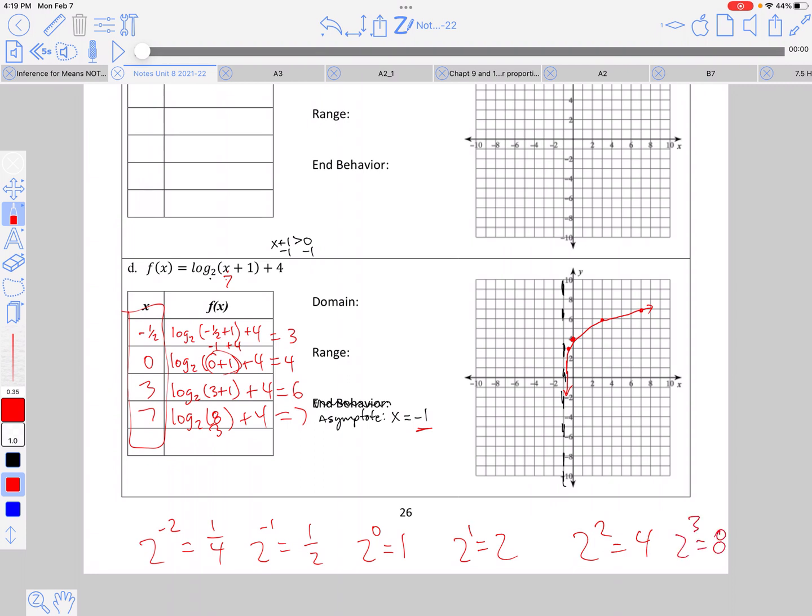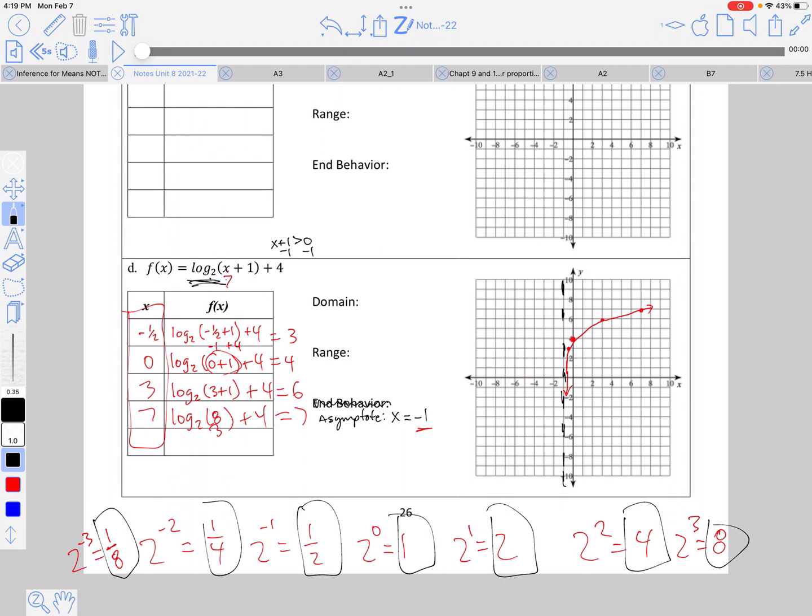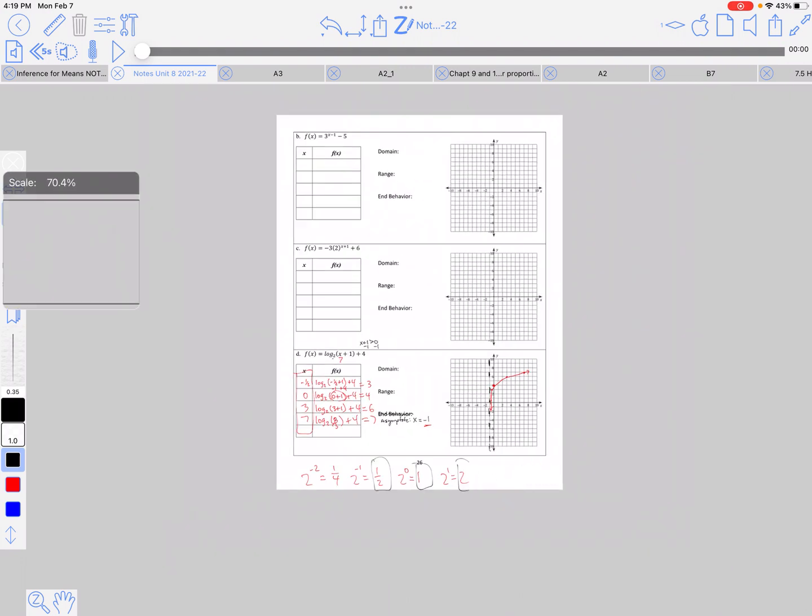Just to give ourselves enough points. 2 to the -3 will be 1/8. So if you just kind of focus on these numbers, remember the x's and the y's switch. In this case, they were the outputs, but then when we do a log, they're going to become the inputs. So that's kind of the goal with the x plus 1, these numbers here.